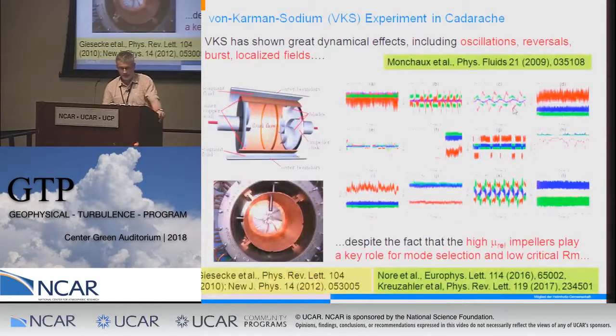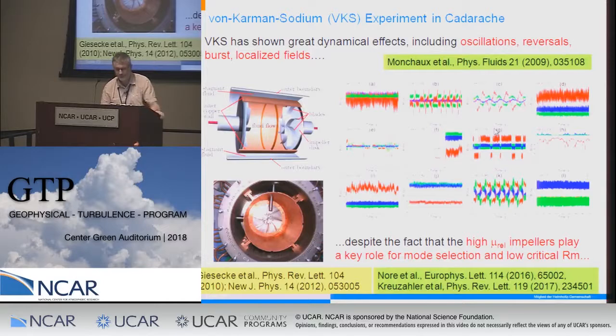In 2006, the von Karman sodium experiment, which produces an S2T flow in Dudley and James terminology, became operative and produced a wealth of great dynamical effects, including oscillations, reversals, bursts, localized fields. You see all these effects here, depending on the ratio of the 2 propeller rotation rates.